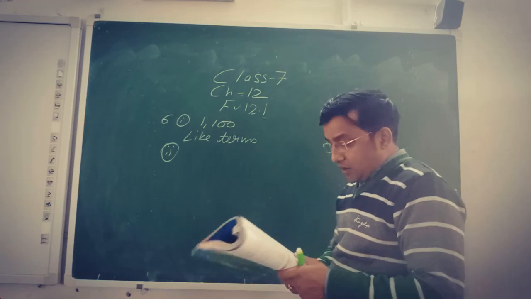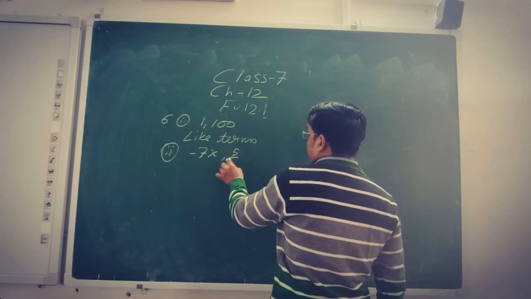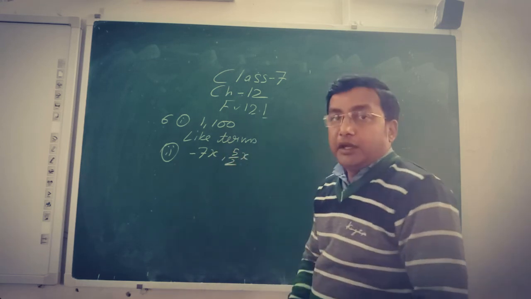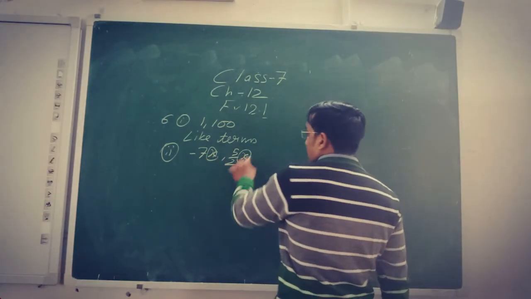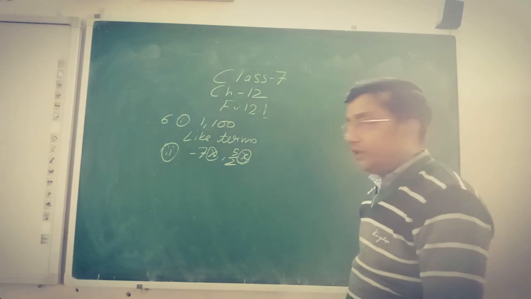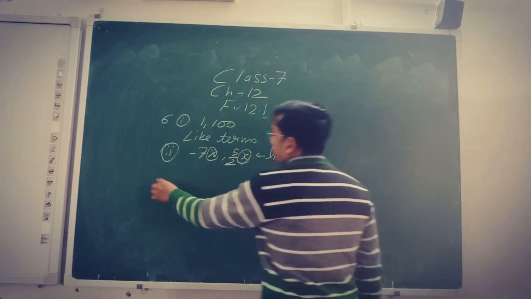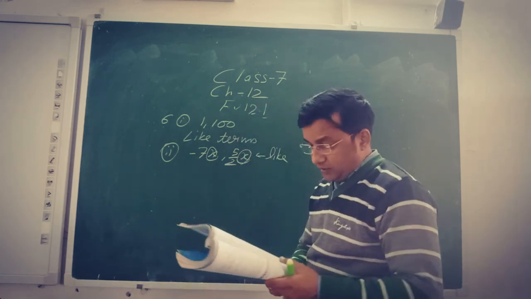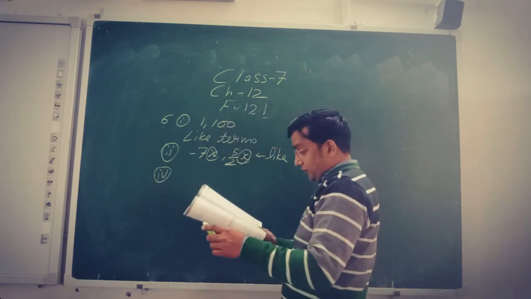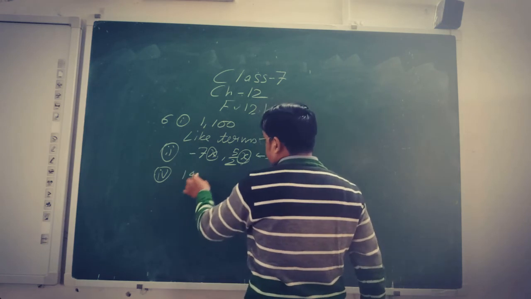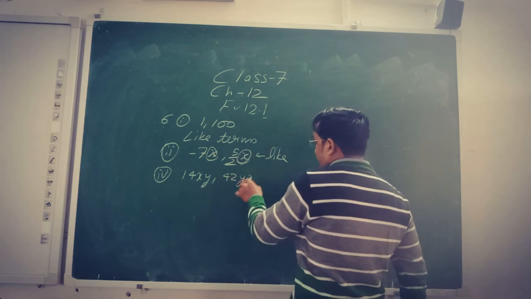Second, minus 7x and 5 by 2x. If you see this, the variable part is exactly same, so they are also like. Now let's do one more question, the fourth one. The fourth one is this: 14xy and 42yx.